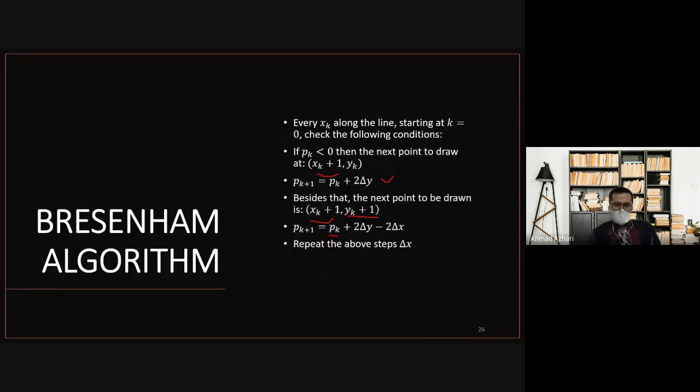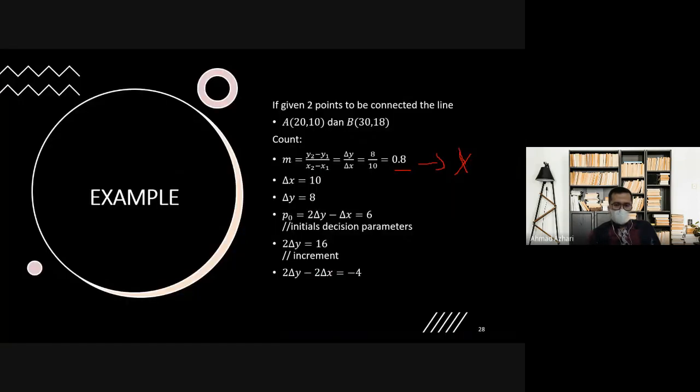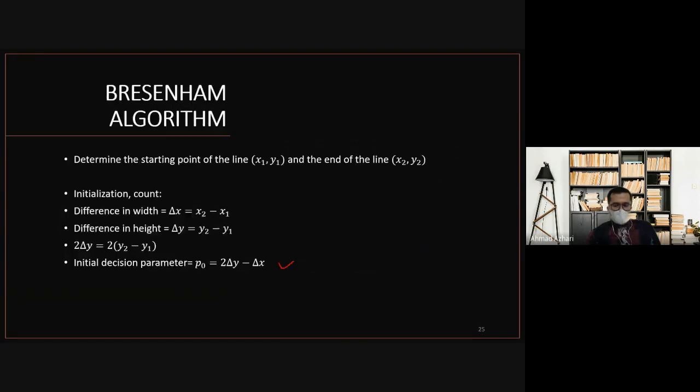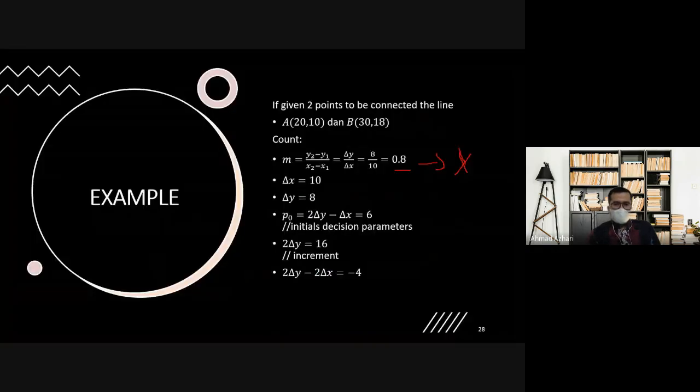So we use these rules. We would like to check the current p, using the initial parameter. The parameter for the first time you should use is 2 delta y minus delta x.